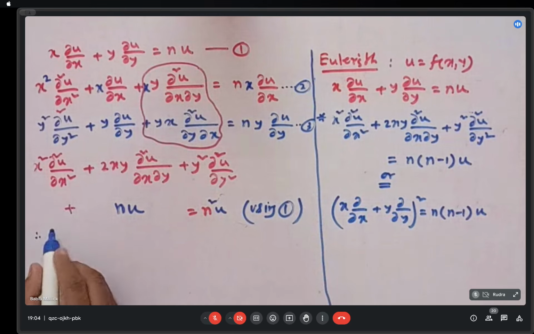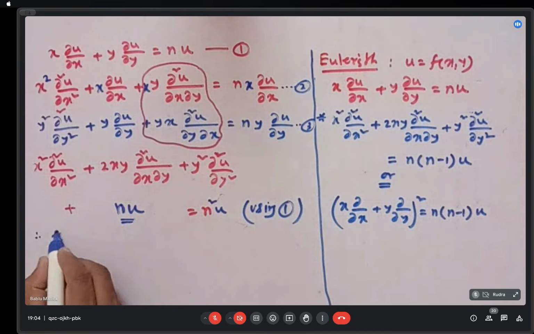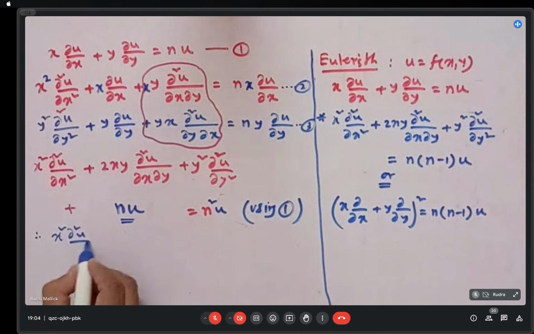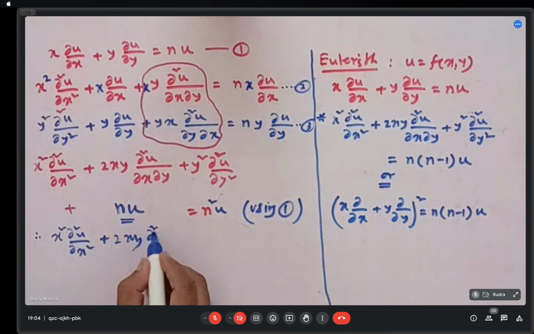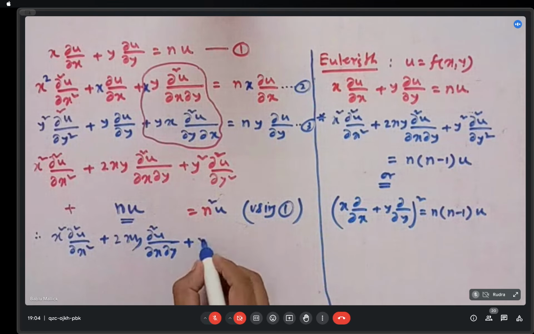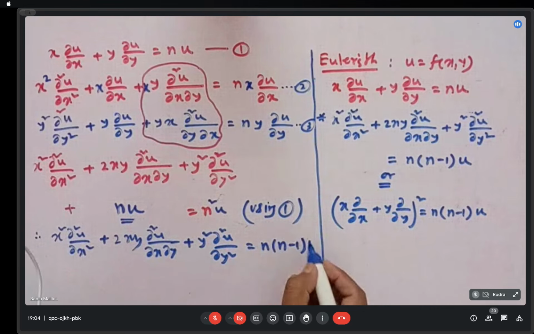Therefore finally, taking this on the right side, we are getting x square into del 2u del x2 plus twice xy into del 2u del x del y plus y square into del 2u del y2 is equal to n into n minus 1 into u.